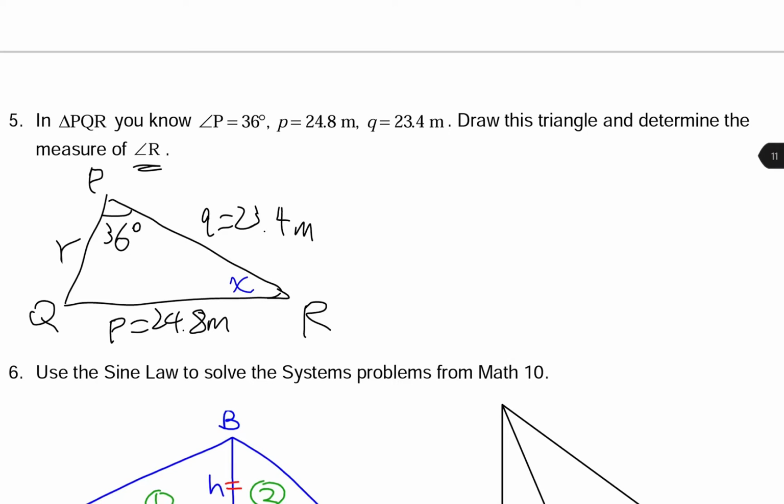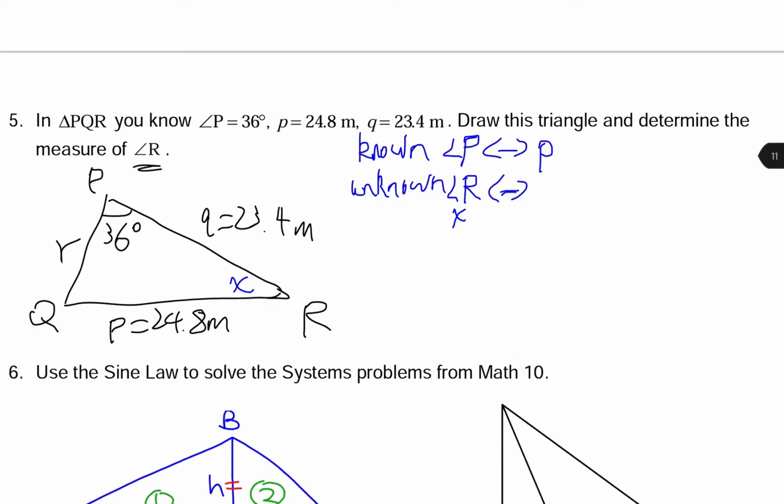In this case, our known pair is angle P and side p. So we know that as well. We're looking for our unknown, our x, which is angle R.